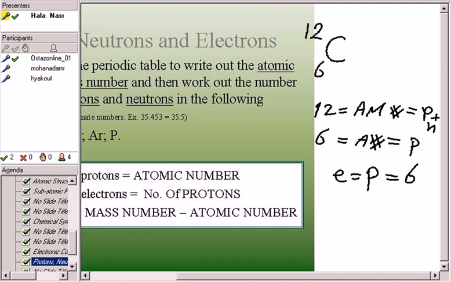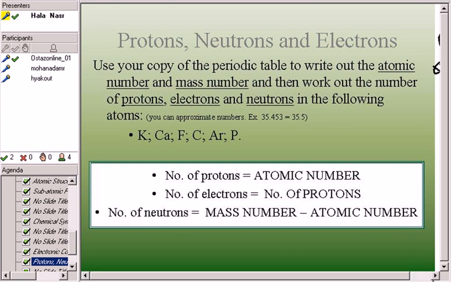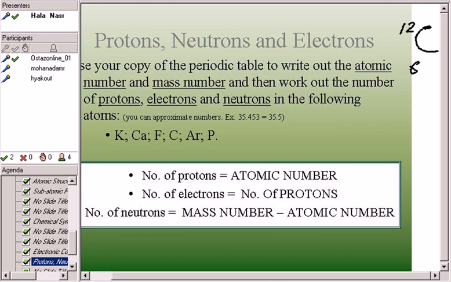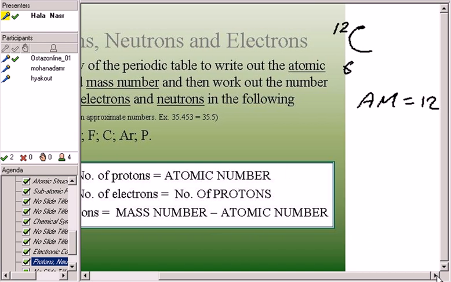All right. Perfect. So based on this, can you tell me the number of neutrons in here? I'll write it down again, sorry. In here I have carbon 6, 12. As you said, the atomic mass number equals 12, and the atomic number equals 6.